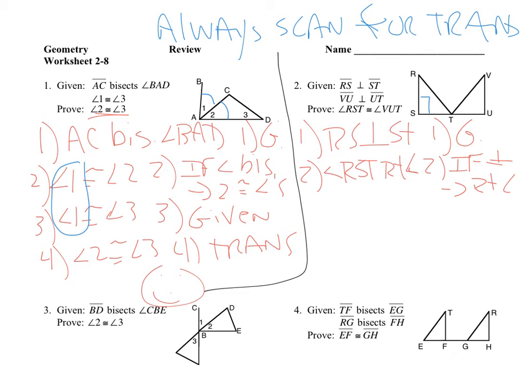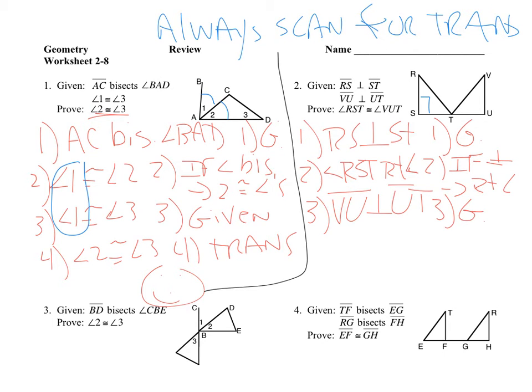Statement number 3, we're going to go to the next given. We don't have anything in the diagram, no verticals, nothing else that stands out to us. So we'll say VU is perpendicular to UT, and that's a given. I'll put G and save space.